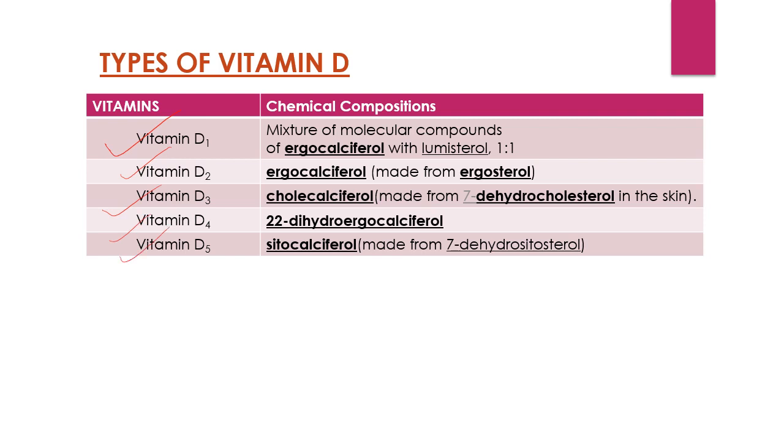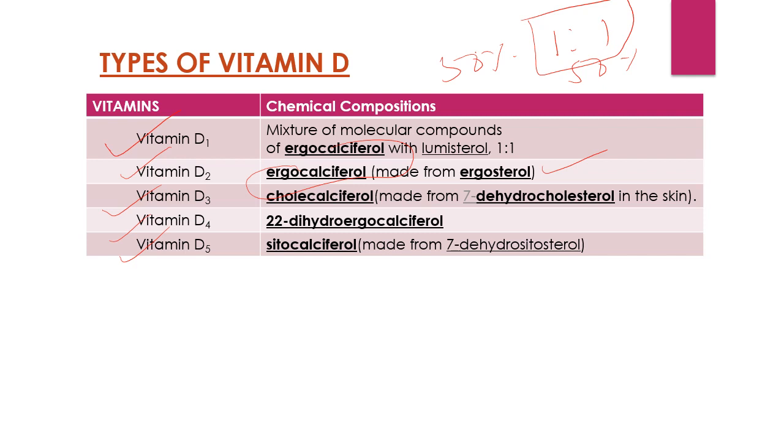D1 is the mixture of molecular compounds of ergocalciferol with lumisterol. When we mix ergocalciferol and lumisterol in a 1:1 ratio, that means 50-50%, then we get vitamin D1. Vitamin D2 is ergocalciferol made from ergosterols.